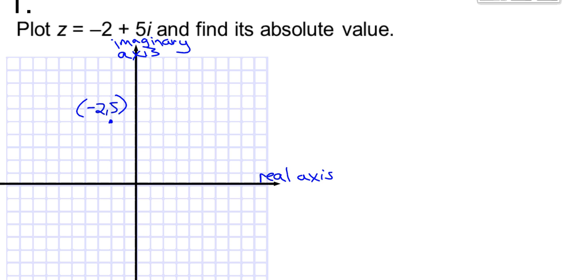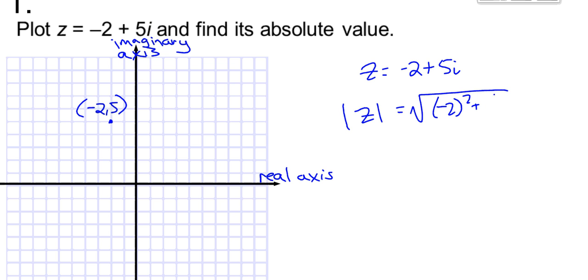That point, -2, 5 stands for that z, which is -2 plus 5i. The absolute value of z is the square root of -2 squared plus 5 squared, square root of 4 plus 25, square root of 29. So the absolute value of z is the square root of 29. So far, so good?